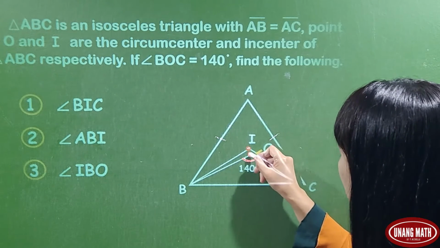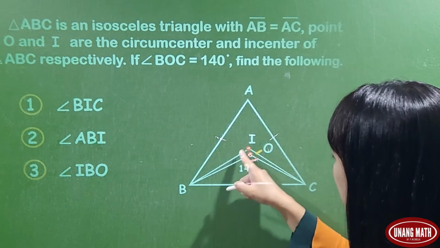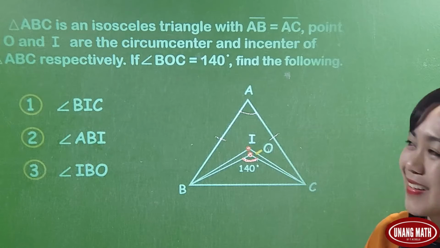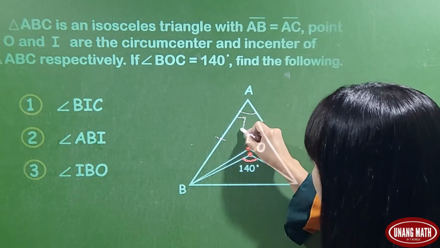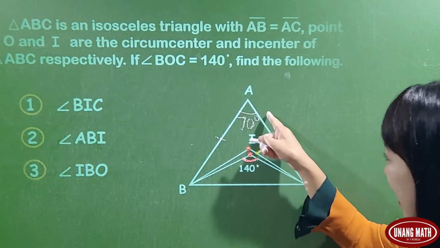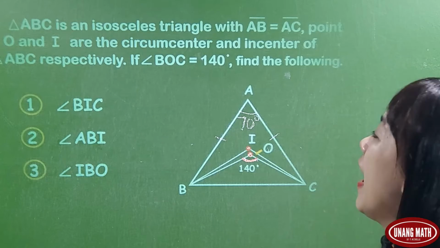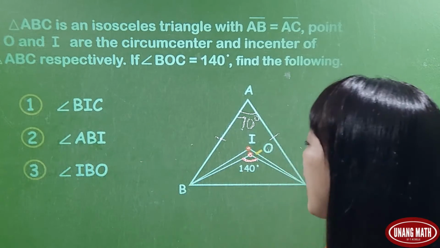Since this is our circumcenter, angle BOC is two times the measure of angle A. So 140 divided by 2, that means this angle is 70 degrees. The first angle that we have to find is angle BIC.